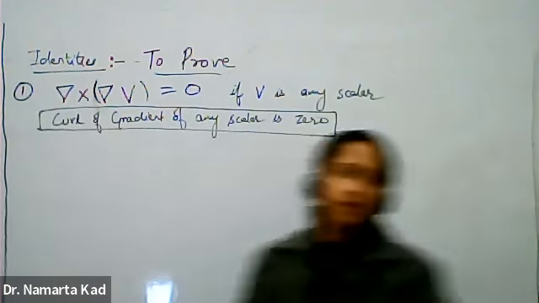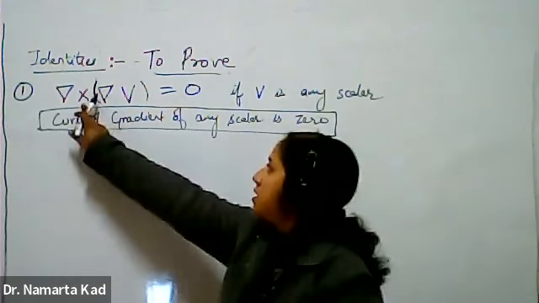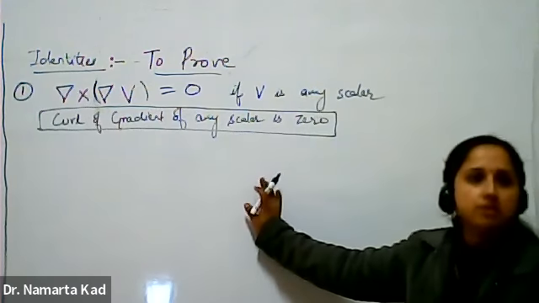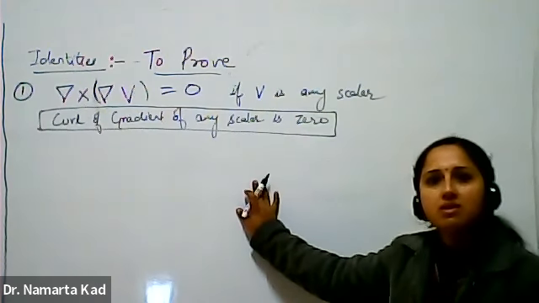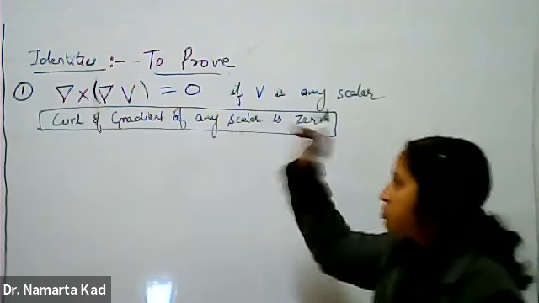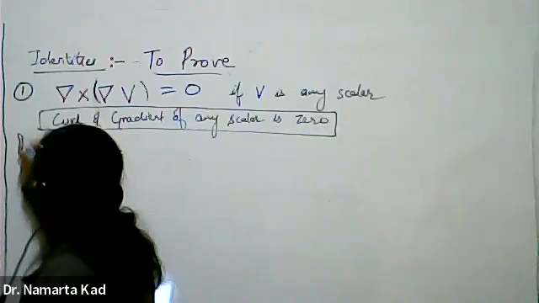This is the identity: the curl of the gradient of any scalar quantity is 0. Here v is a scalar quantity, any scalar quantity. So let's do the proof for the first identity.